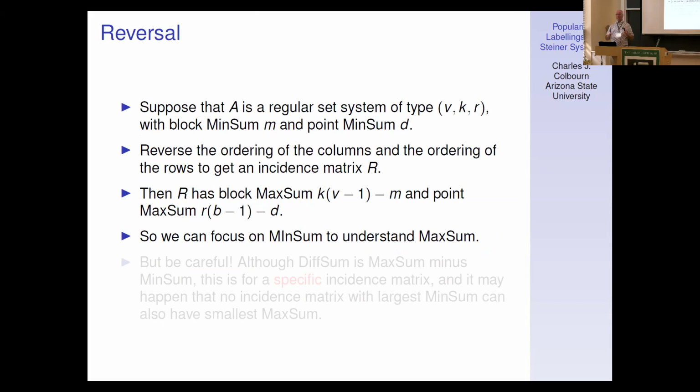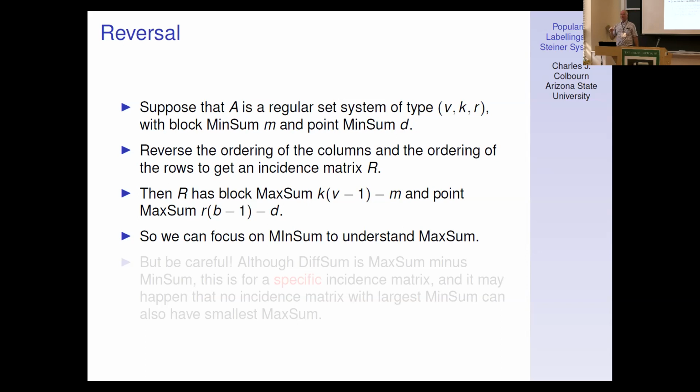So the first thing you might notice is that if you have an incidence matrix and you just flip it left for right, flip it top for bottom, so reverse it in both directions, you can calculate the max sum of the reversal from the min sum of the original, and vice versa.